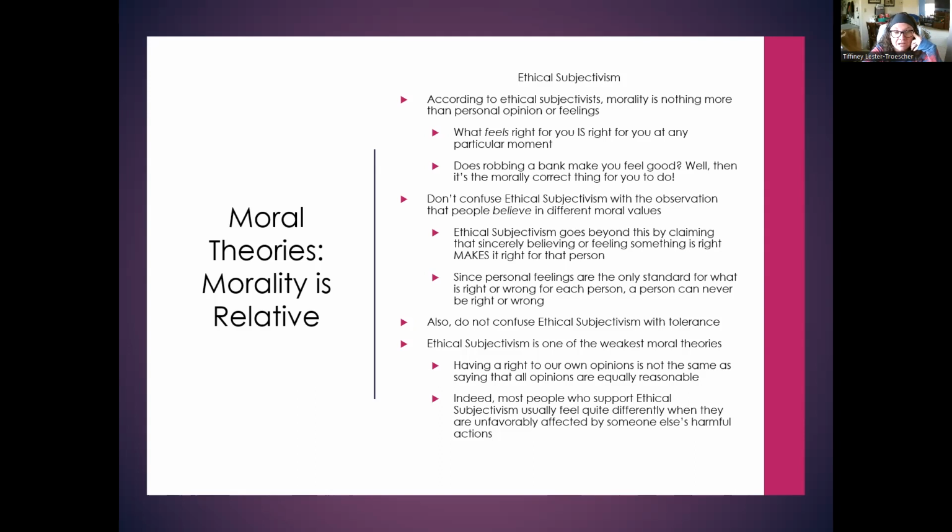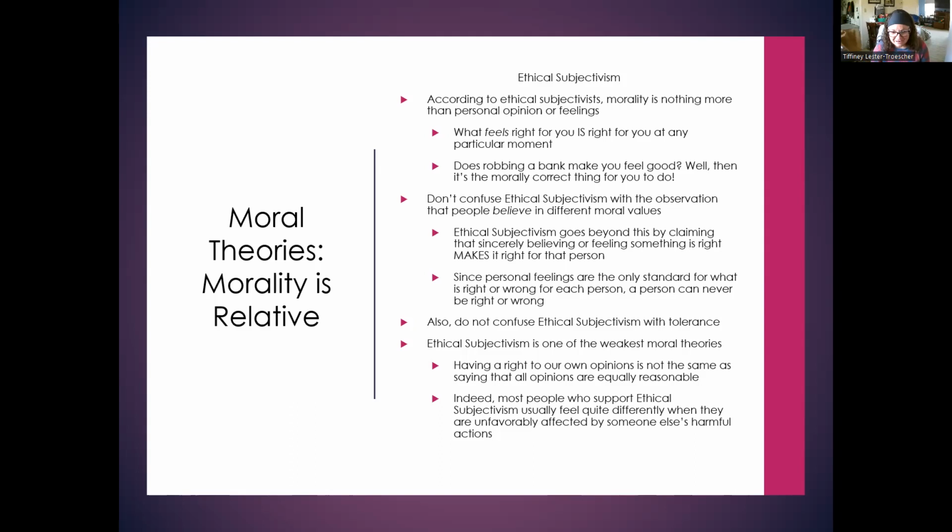So if stealing someone's car makes you feel good, if you feel like it is the right thing for you to do, then it is morally right for you to steal that car. That's what an ethical subjectivist would say. Until it's their car. And then it's like, oh, wait, no, you stole my car? No, that's wrong.